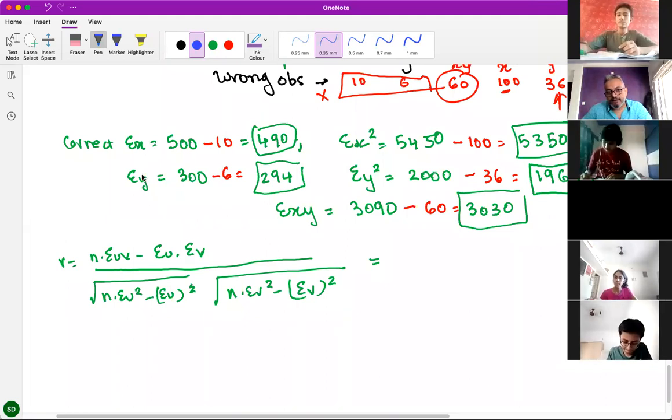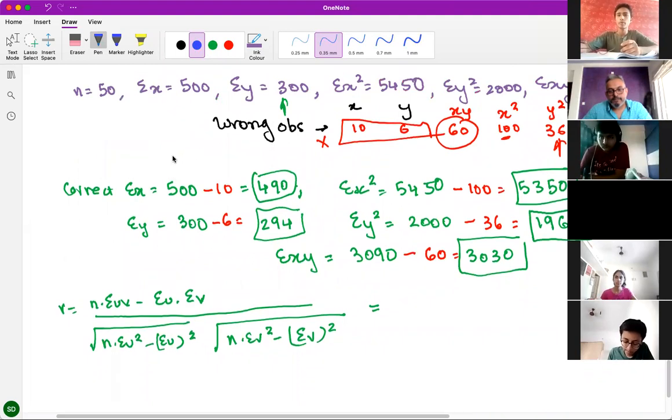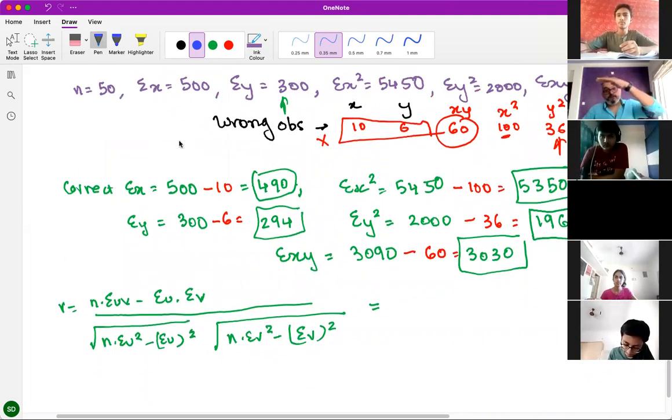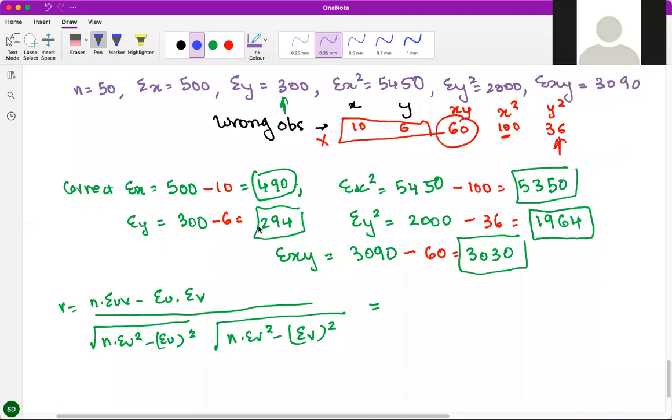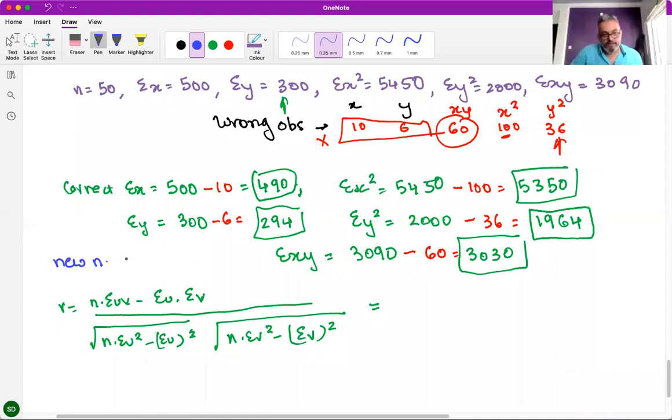What is n? 50. 50 पर हमने उसमें से एक पूरे सेट ऑफ ऑब्जर्वेशन निकाल दिया. 49. What will be new n? 49. So here I'll write new n is equal to old n minus 1, which is 49.